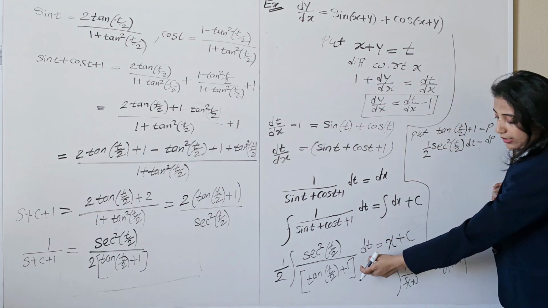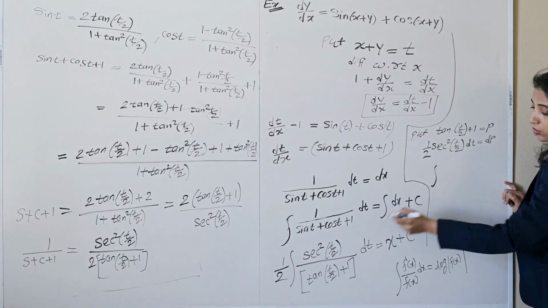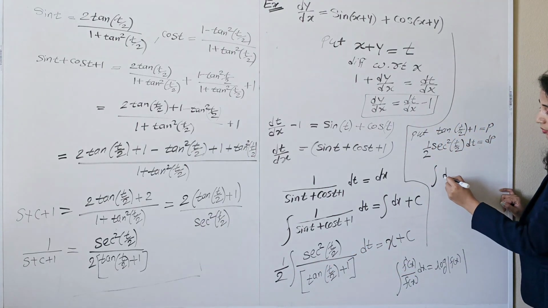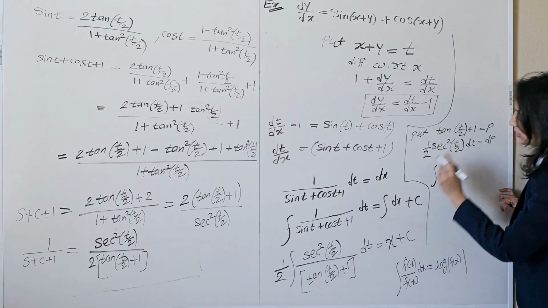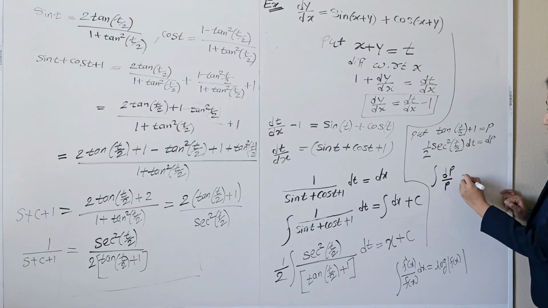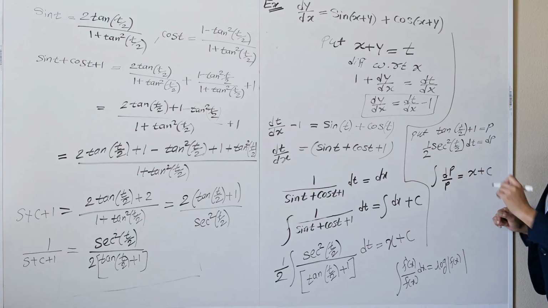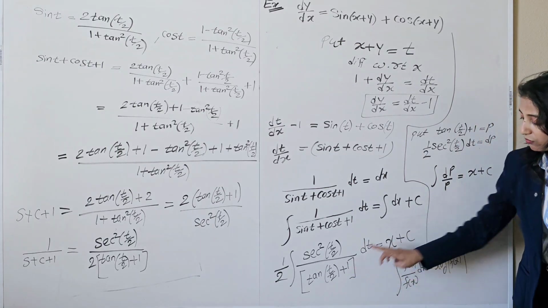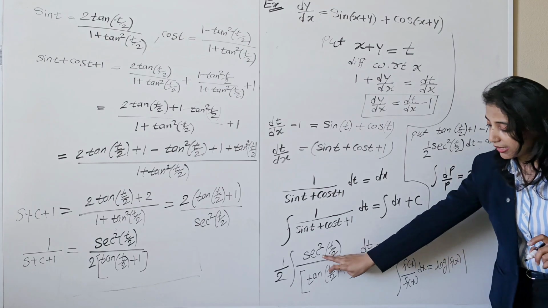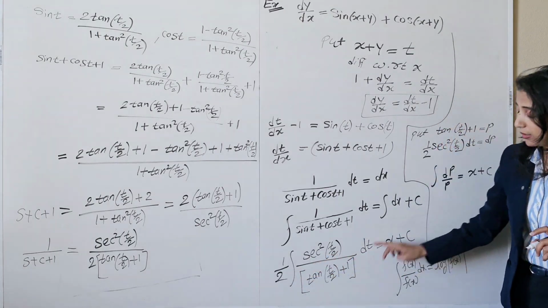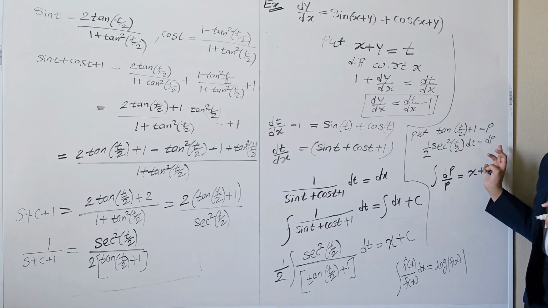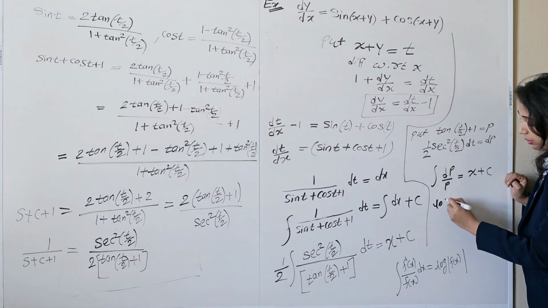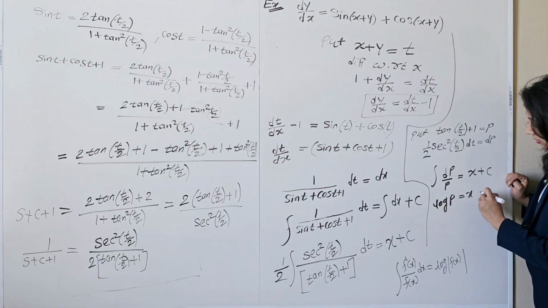Put this here: we get the bracket term replaced by p, and this (1/2) sec²(t/2) dt is nothing but dp. Now this integration is log p, equal to x plus c.